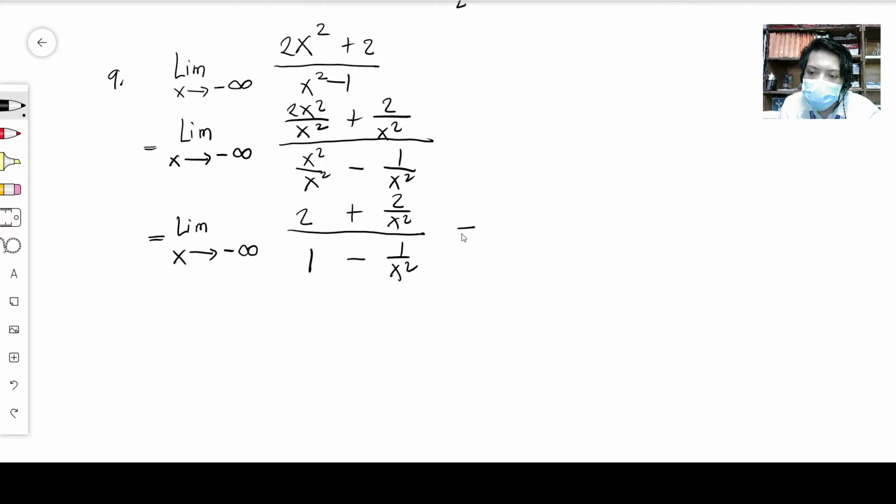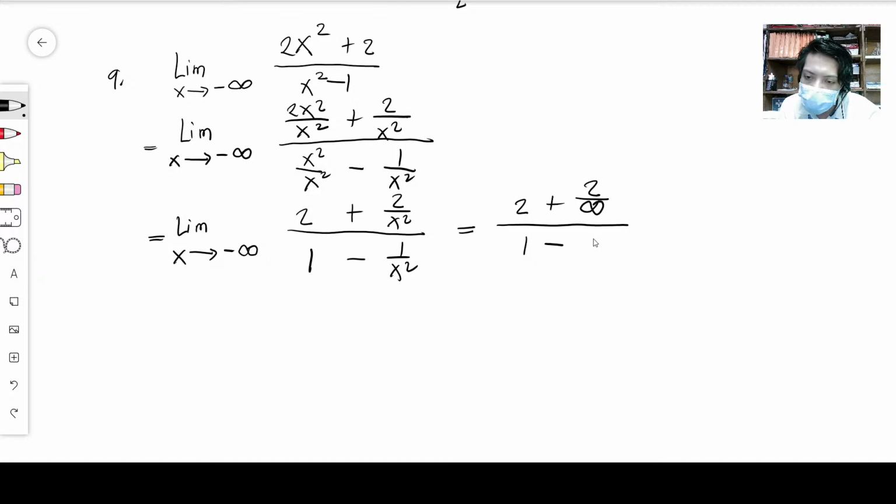So when you substitute this one, this is equal to 2 plus 2 over negative infinity squared. Negative infinity times negative infinity is a very large number, but since negative times negative is positive, it becomes positive infinity. All over 1 minus 1 over infinity squared.